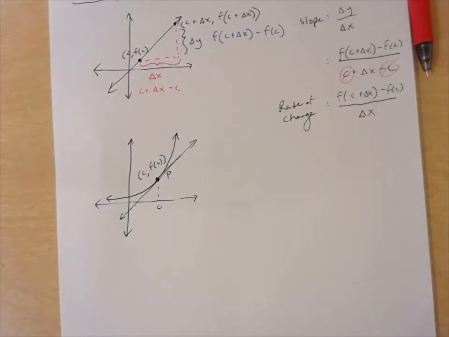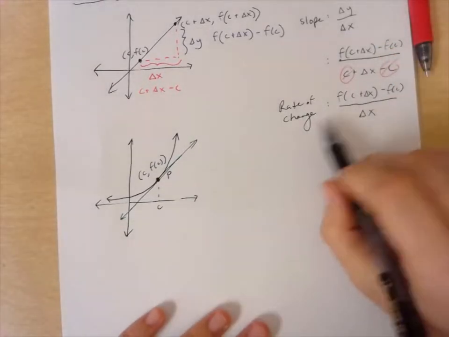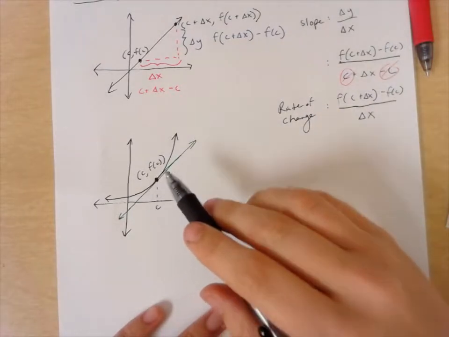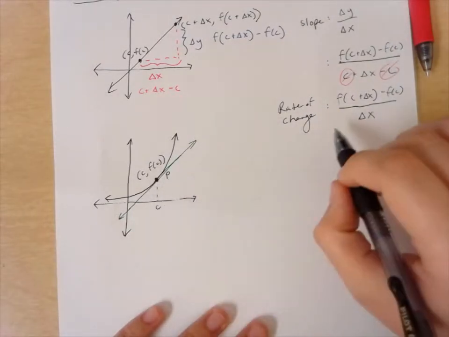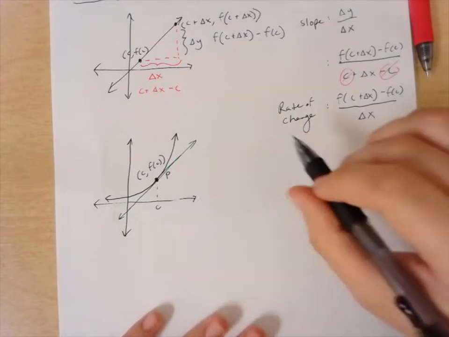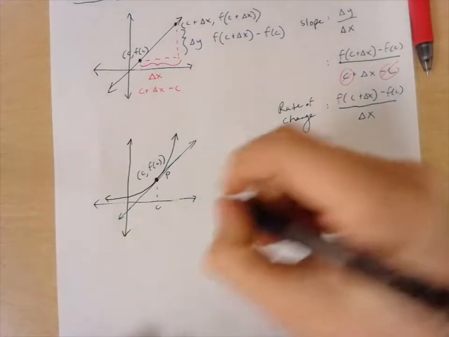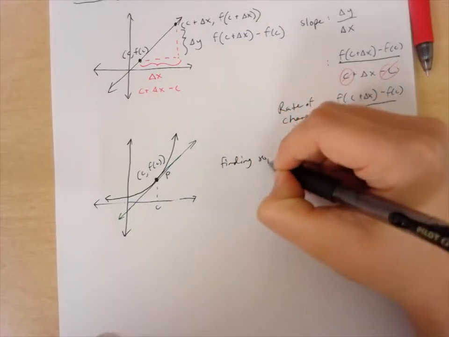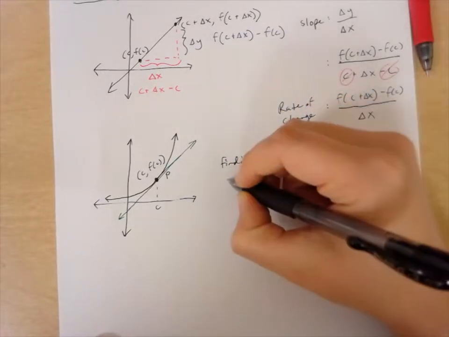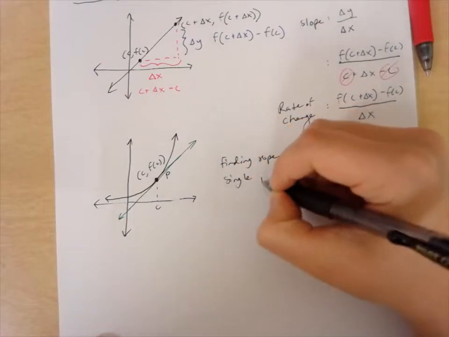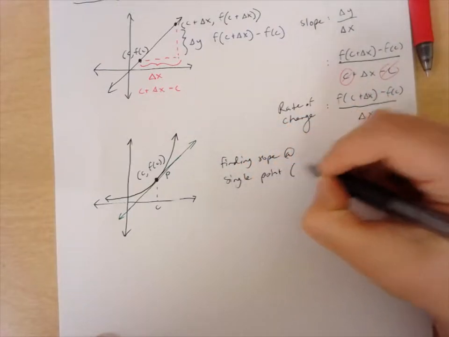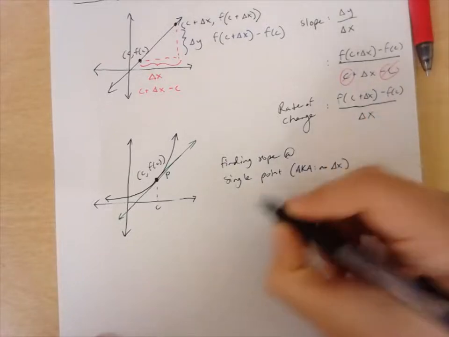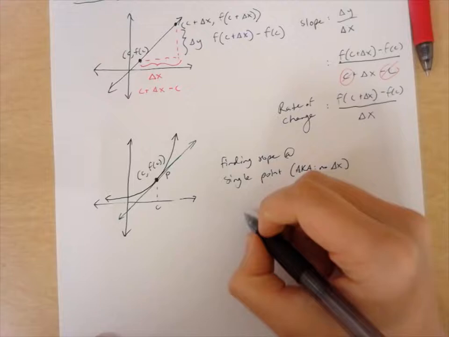And remember though, when we look at our rate of change formula, and we look at one single point P, we do not have a change in x. So if we wanted to find the slope at a single point, and I'm going to say aka no change in x, then here's what we would have for our slope formula.